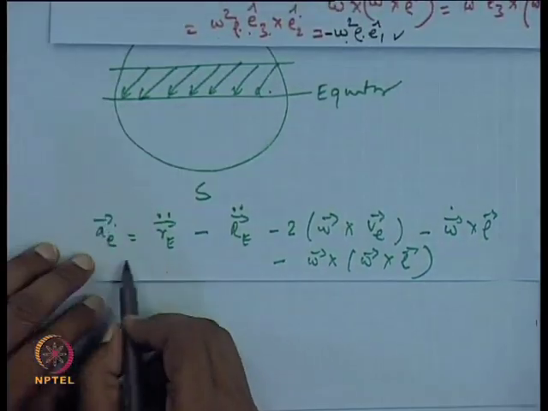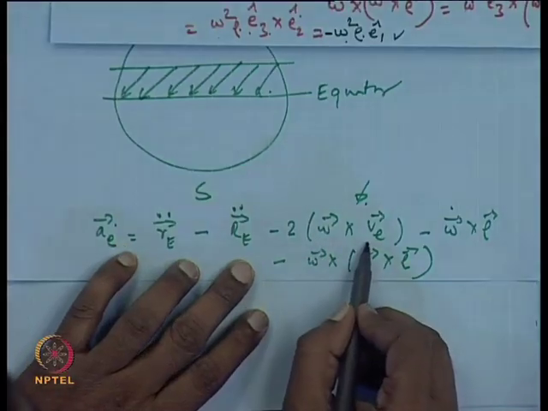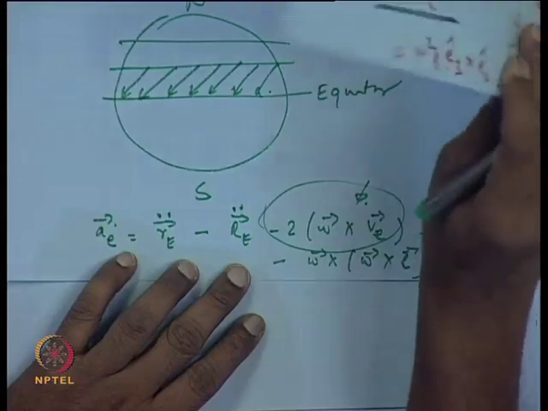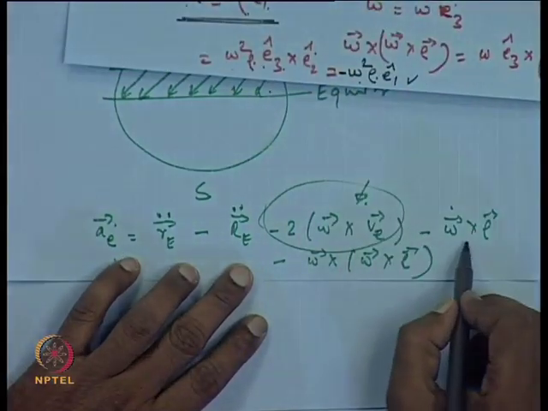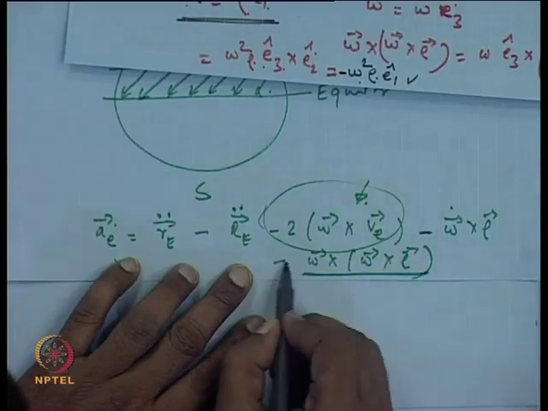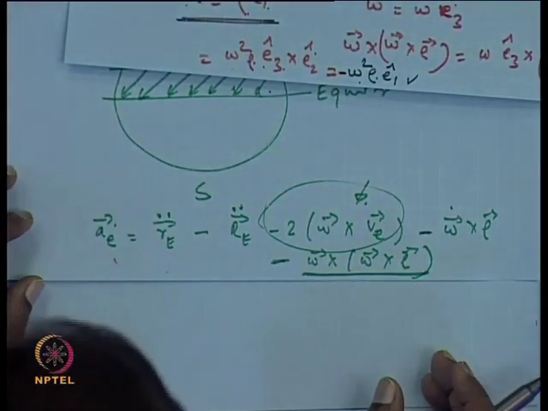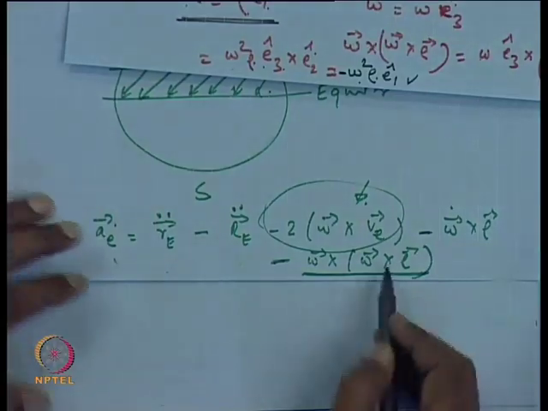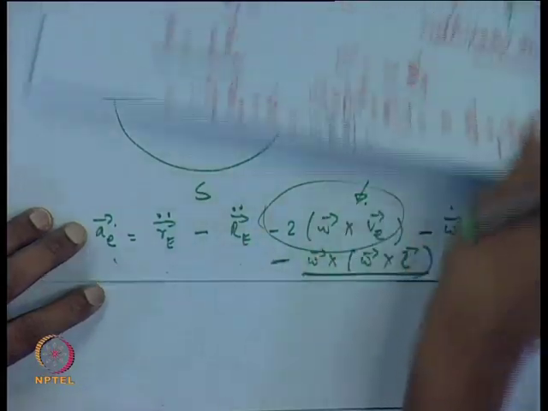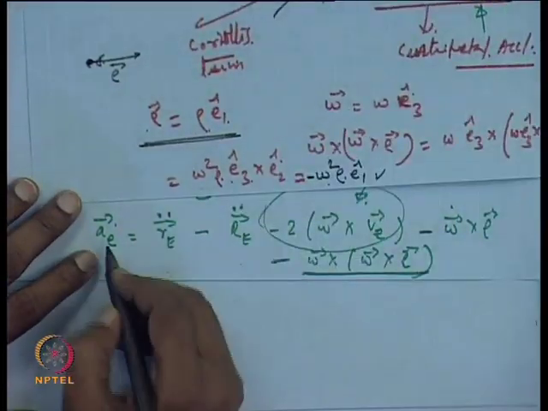So, once you are looking in the body reference frame, this term which is present here is basically the negative of the Coriolis term that I was showing, and now the centripetal term we will write as the centrifugal force, because in the body reference frame what you will feel is the centrifugal force. So, the centripetal term changes sign once we are looking relative to the body reference frame.